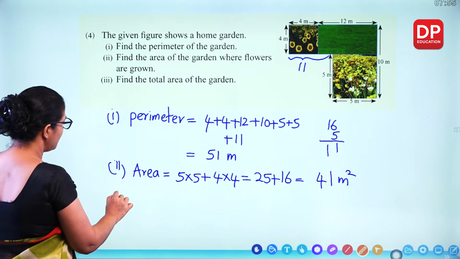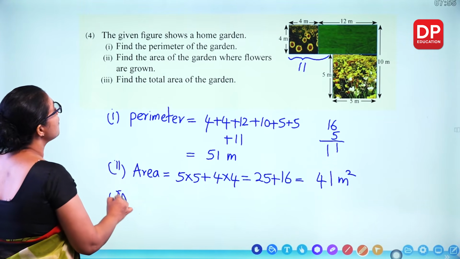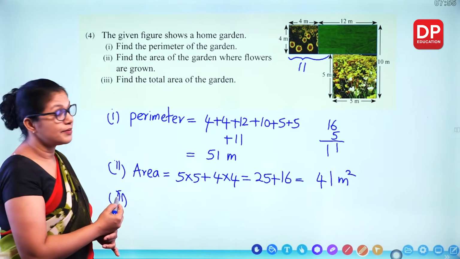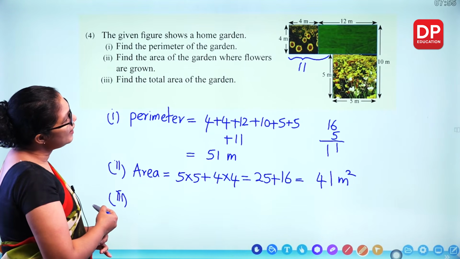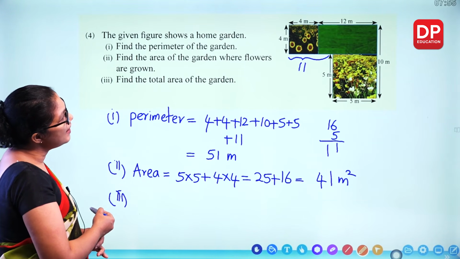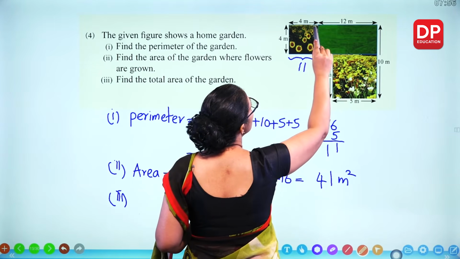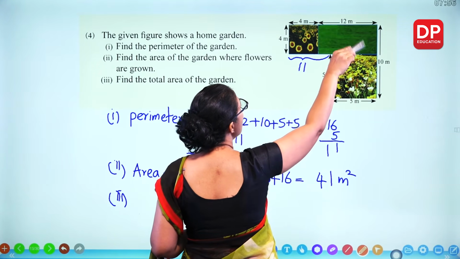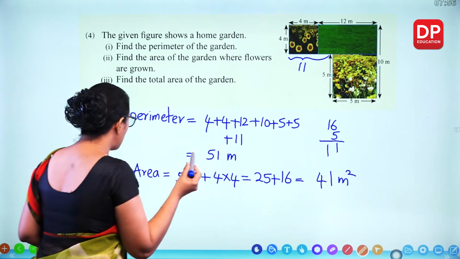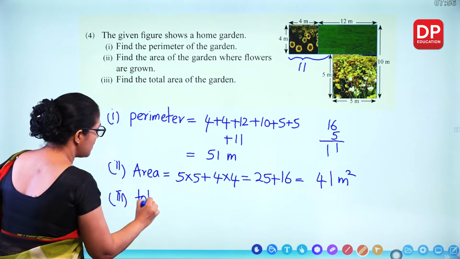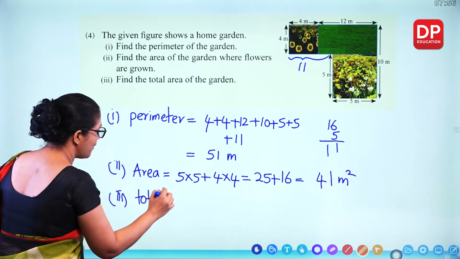And the third one, find the total area of the garden. Total area means you have to add the other area. So this is a rectangular area. 12 is the length and breadth is 4. So you need to add that area to the previous one.